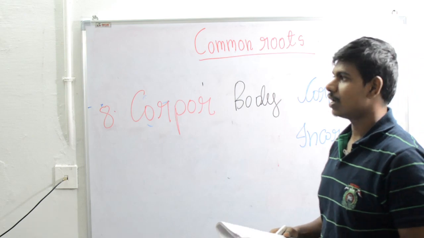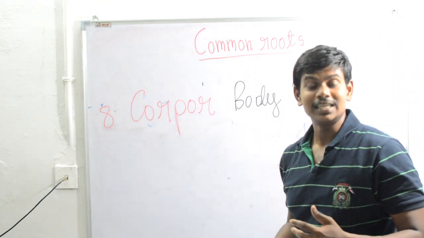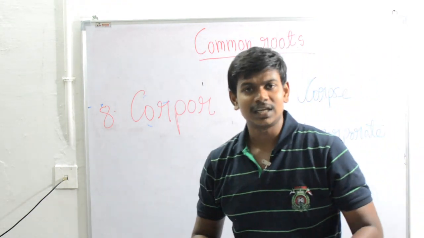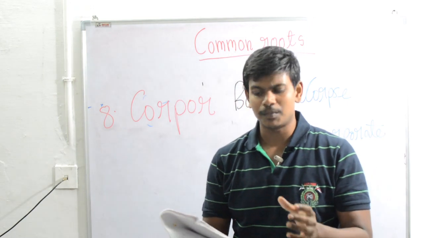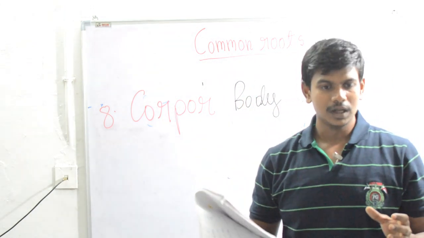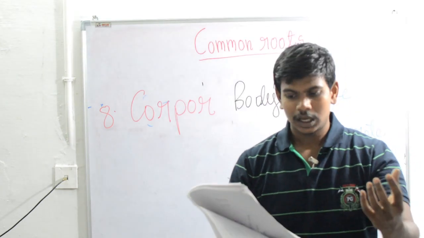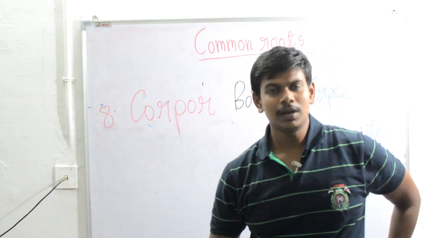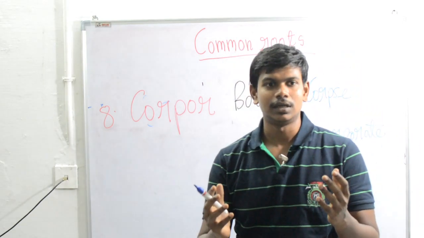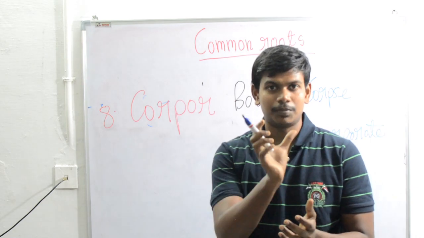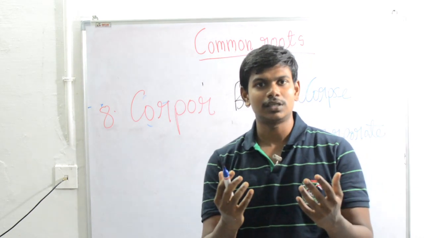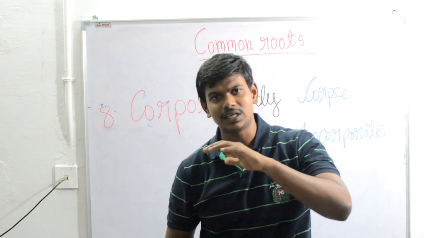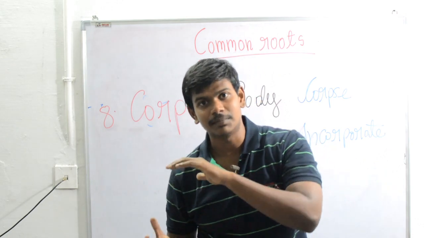One of the examples is corpse. The meaning of corpse is dead body. Then incorporate, another word which means organize into a body. These are all management terms. For example, let's take an organization. We have seen the word corporation. The meaning of corporation is putting different people, or organizing all these people, into a single body. That single body is the company.